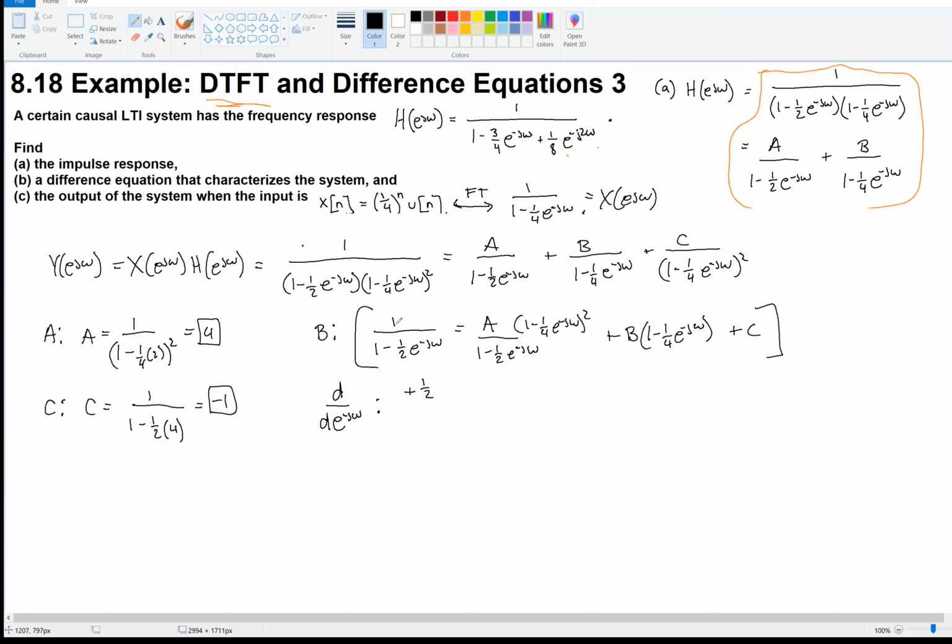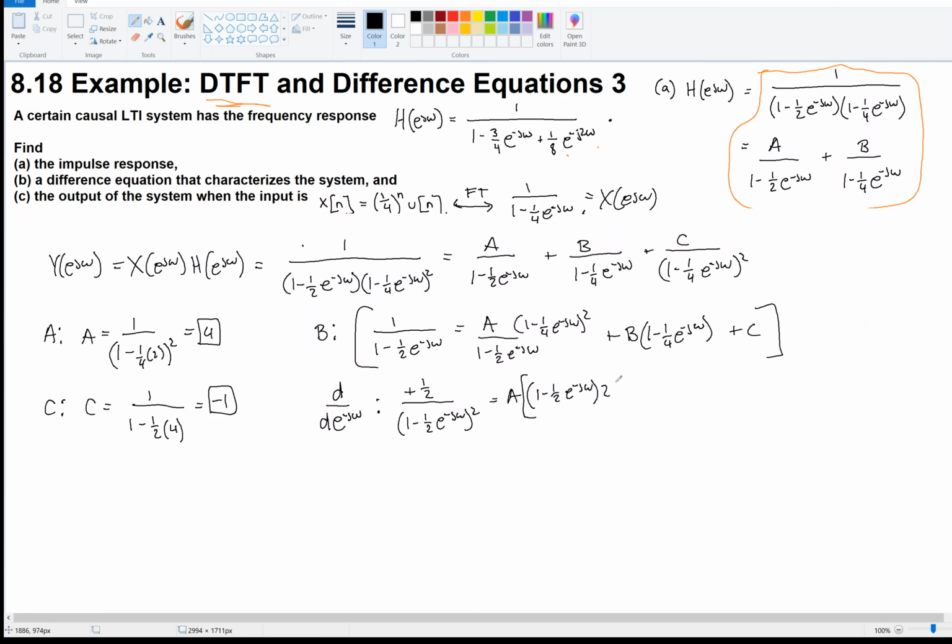Bottom times the derivative of the top minus the top times the derivative of the bottom, all over the bottom squared. So 1 minus 1/2 e to the minus j omega squared equals. Now, I'm going to take the derivative here, but you're going to see that a lot of this cancels, but let's just do it. So the bottom, 1 minus 1/2 e to the minus j omega, times the derivative of the top.